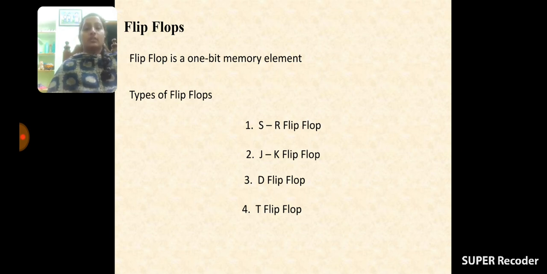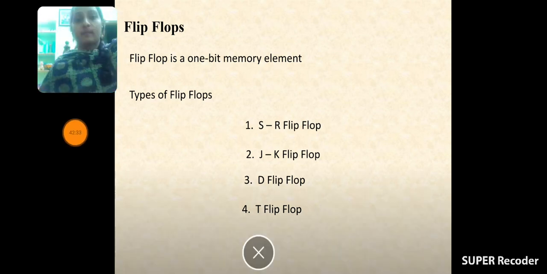But in addition to this, the master slave flip-flop is also there. SR flip-flop is called set reset flip-flop, D flip-flop means data flip-flop, and T flip-flop is called toggle flip-flop.